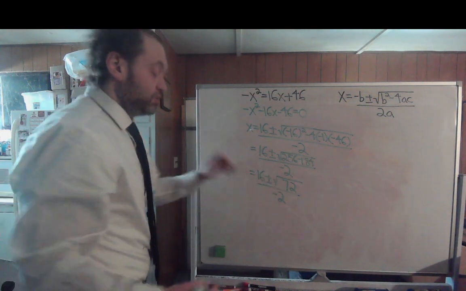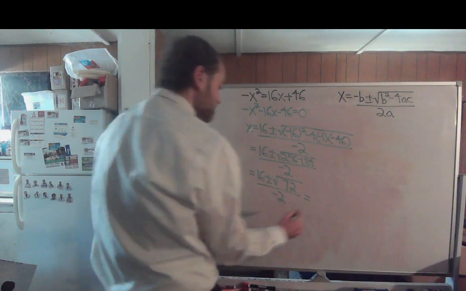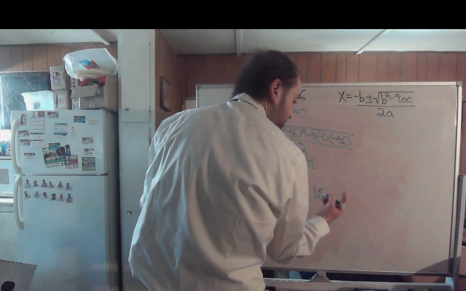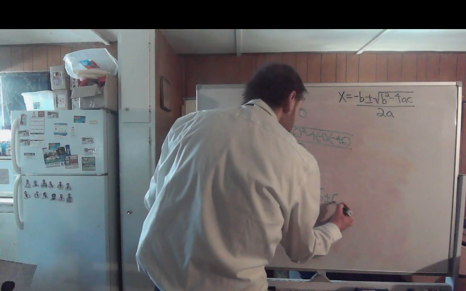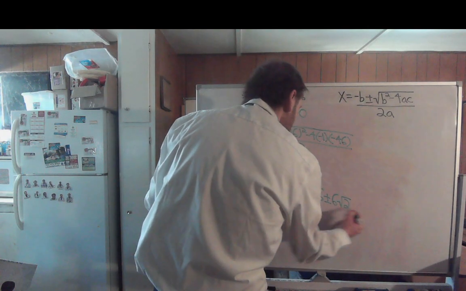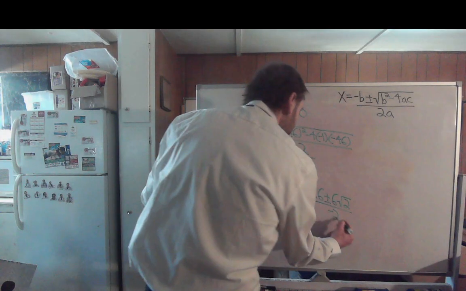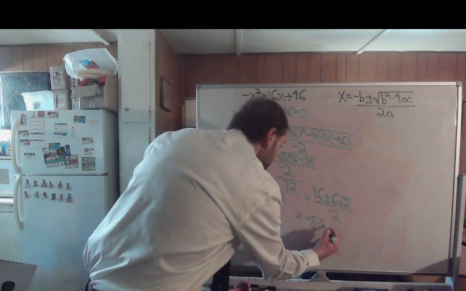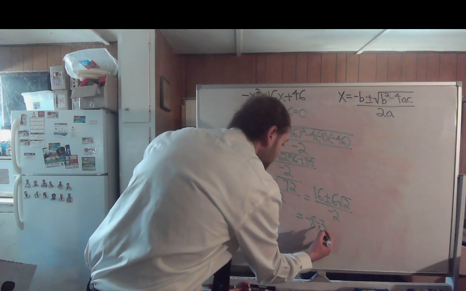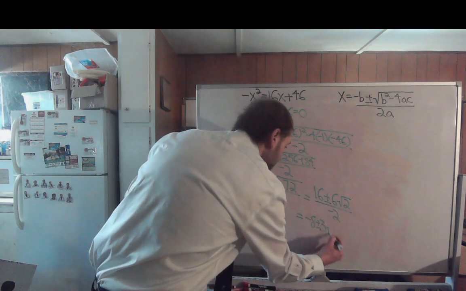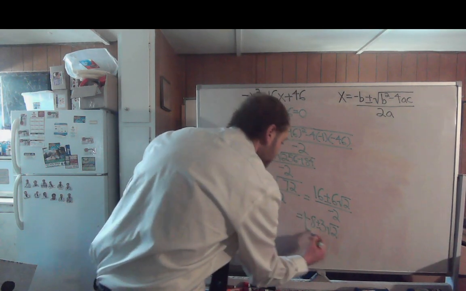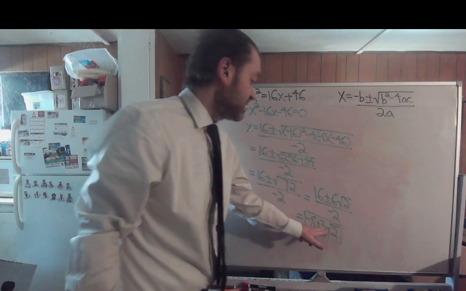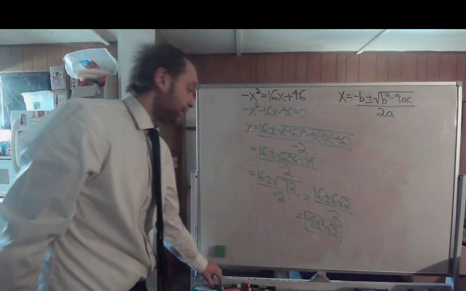Well, 72 breaks down into 36 and 2, so this would turn into 16 plus and minus the square root of 36 times the square root of 2, so 6 times the square root of 2 all over negative 2, which will reduce into negative 8 plus and minus 3 times the square root of 2. So you end up with solutions of negative 8 plus and minus 3 times the square root of 2.